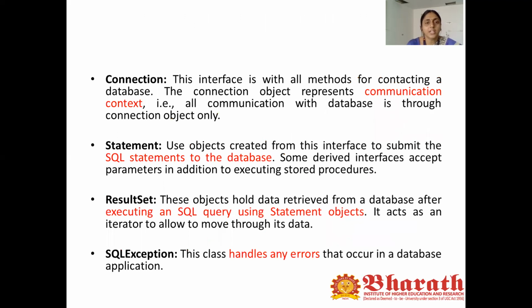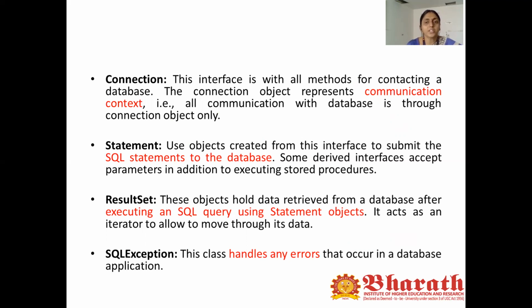And the next interface is the Connection interface. And this Connection interface has all methods for connecting or contacting a database. The Connection object represents the communication context, where we can communicate from one object to another. Here we can connect the front end with the database.